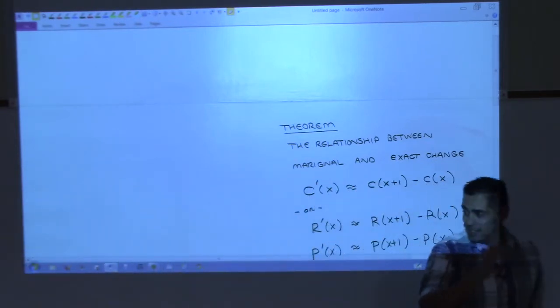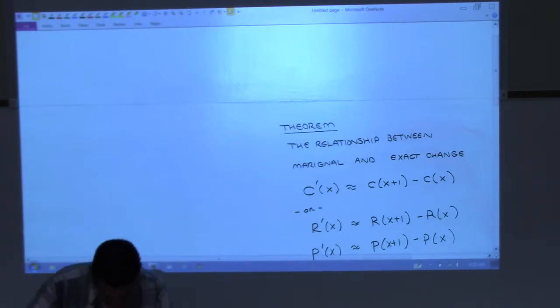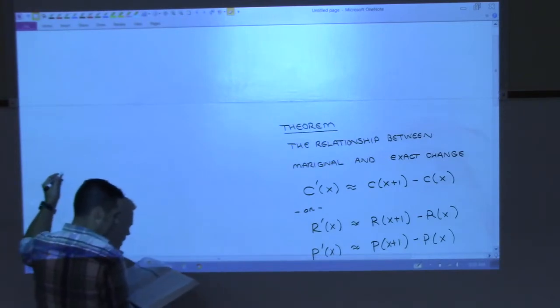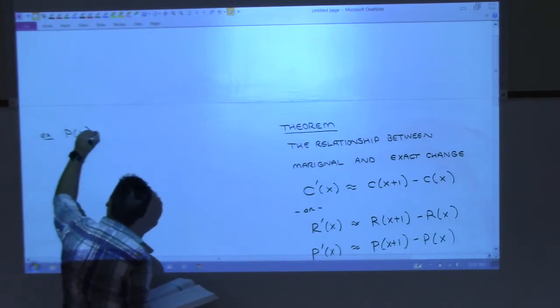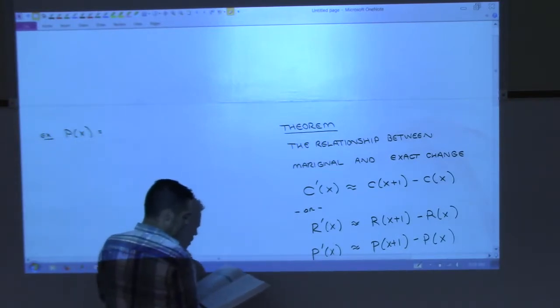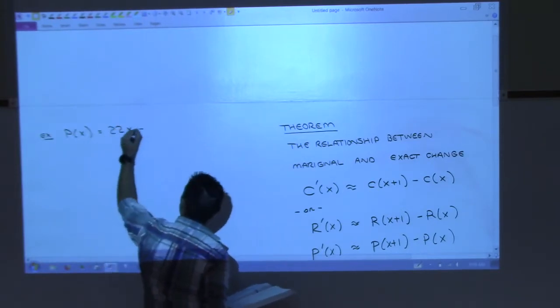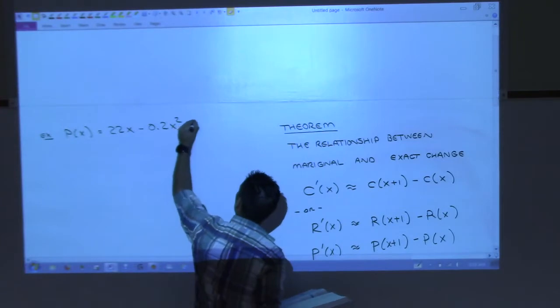All right. So let's do an example. How about this one? Let me try and give you kind of a nasty one. We have a profit function which is given to us to be 22x minus 0.2x squared minus 400.